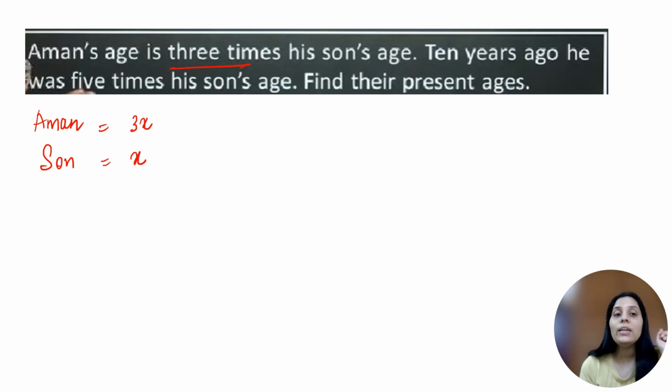Alright. 10 years ago. Now here I am going to stop. In all ages questions you might have 10 years ago, 5 years hence, 5 years later, 6 years later, 6 years ago, all of it. So when you read this part, I want you to note down their 10 years ago age.